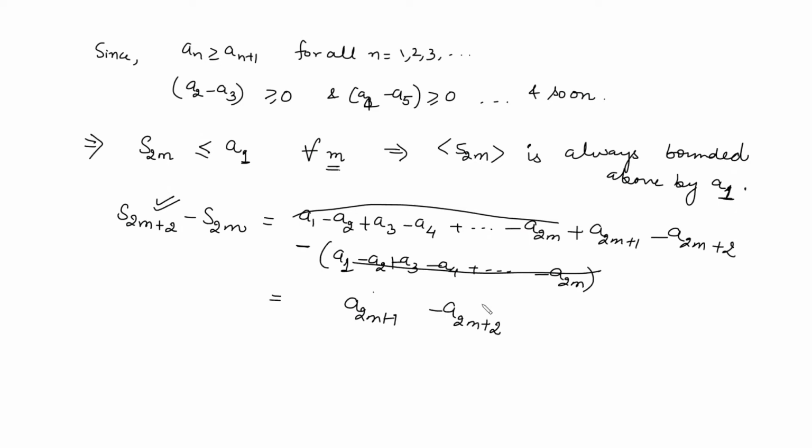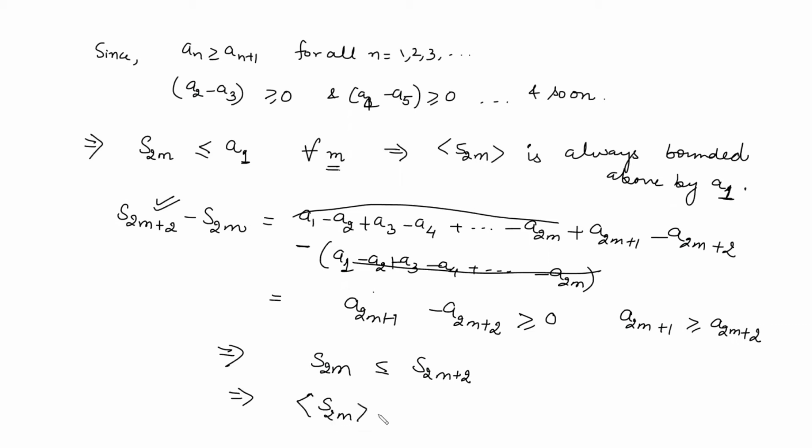Again, both these terms are positive, and by using the second condition, that the sequence is decreasing, this term should be greater than or equal to this term. So this difference is greater than or equal to 0, which implies that s2m is less than or equal to s2m+2. This further implies that the sequence s2m is increasing.